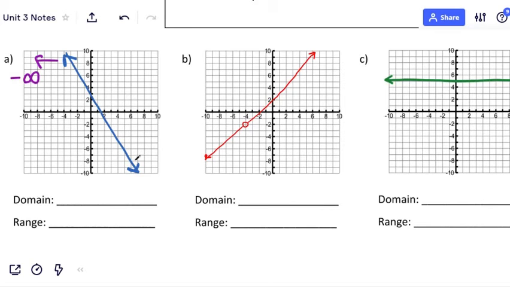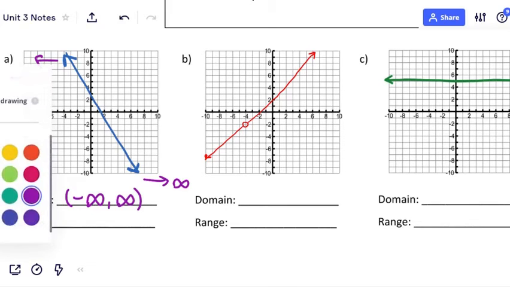As I move to the right, it's going down and to the right, so forever to the right. That means it's going to positive infinity. I have no breaks in the middle of the graph, so my domain will be from negative infinity to positive infinity.